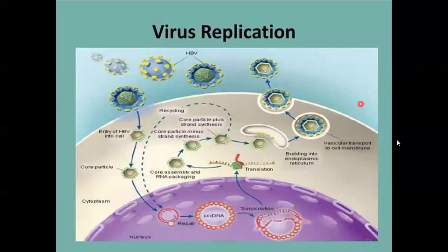So what type of cell is this? Which type of cell does viral replication take place in for the hepatitis B virus? Is it the hepatocyte? Hepatocyte, very good. So this is a hepatocyte.